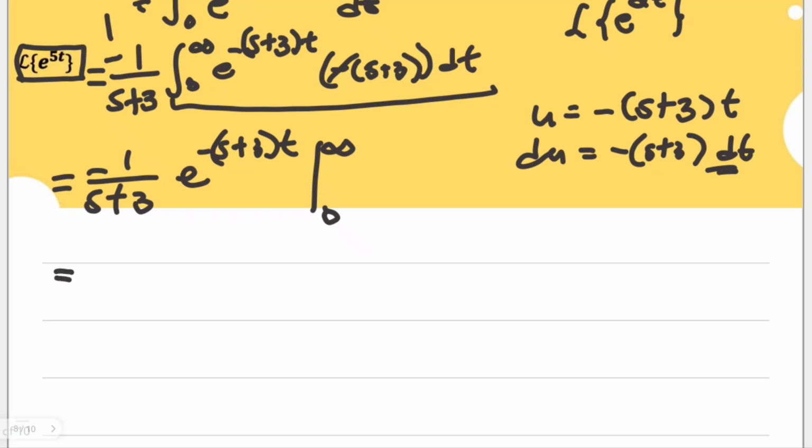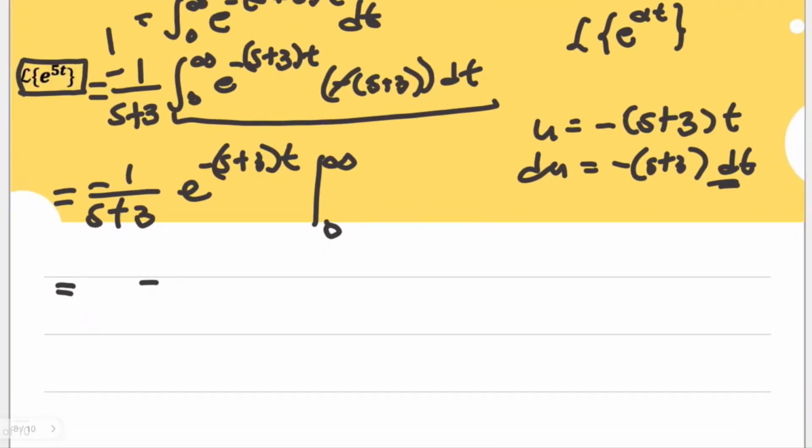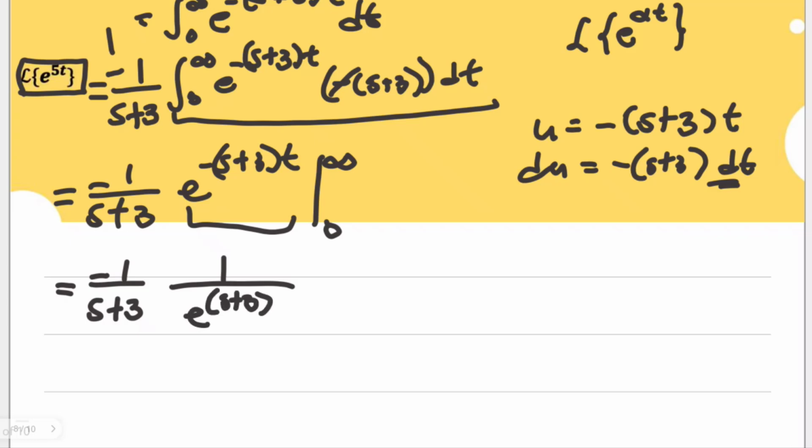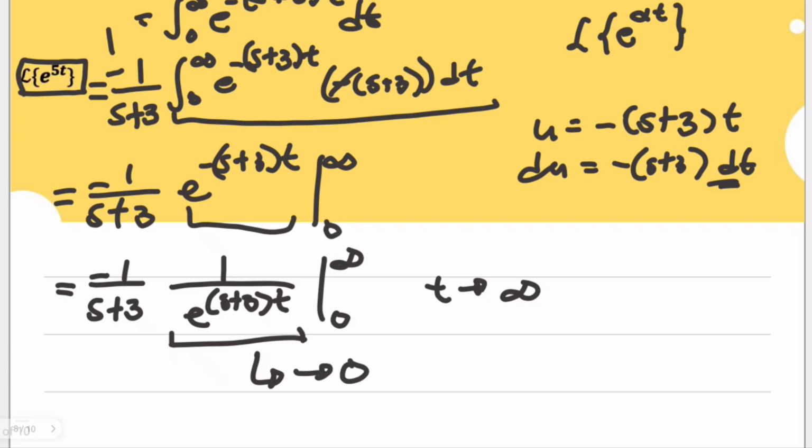We rewrite this expression into this form, 1 over e, making the exponent positive, by the laws of exponents. We're doing this as we integrate from 0 to infinity because as t approaches infinity, since the exponent will approach negative, this expression will approach 0.